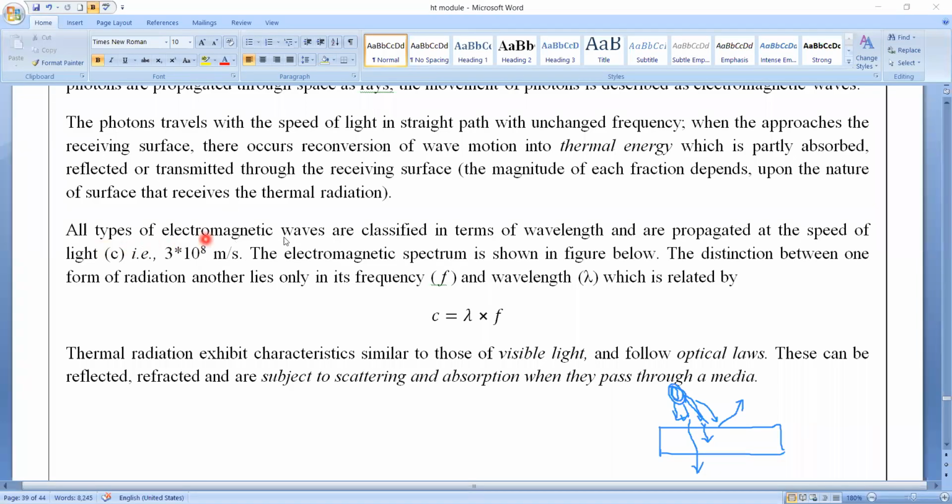All types of electromagnetic waves are classified in terms of wavelength and are propagated at the speed of light. The approximated value of the speed of light is 3 into 10 power 8 meter per second.